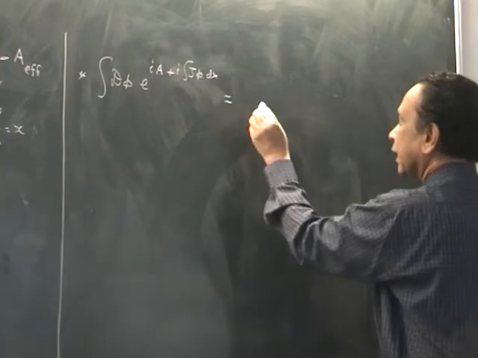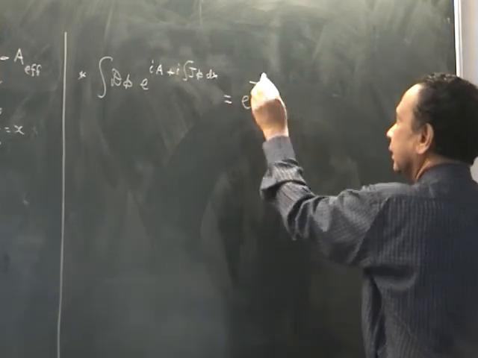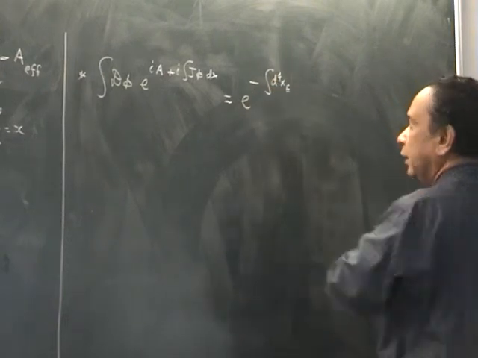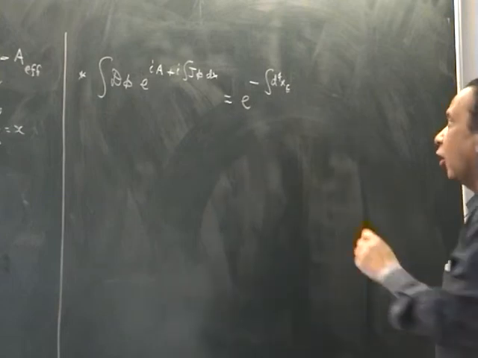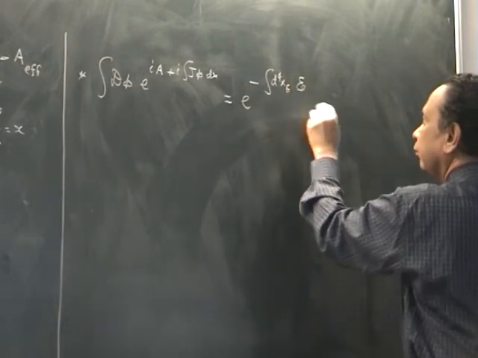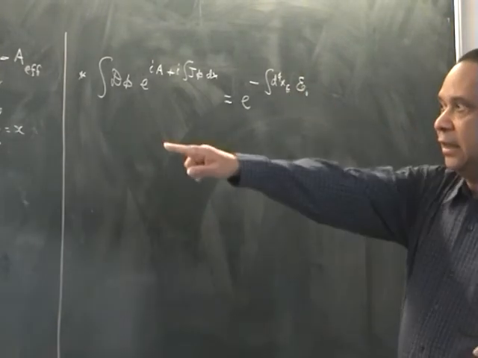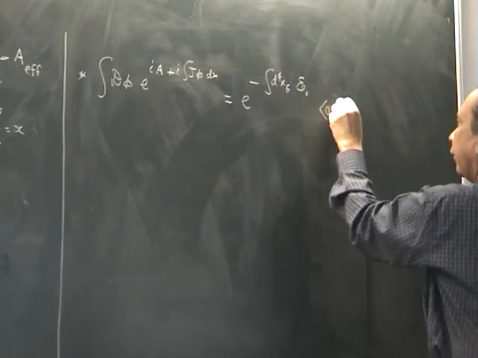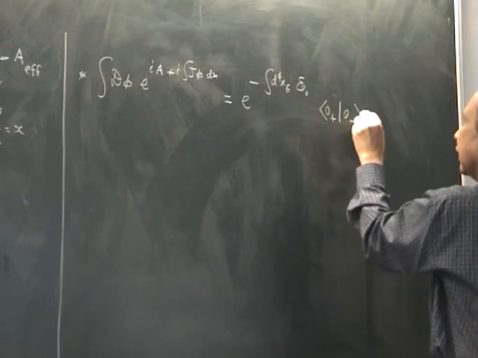It is exponential minus integral d4x Euclidean times this E naught, then it is multiplied by a factor which is nothing but our 0 plus 0 minus in the presence of J.